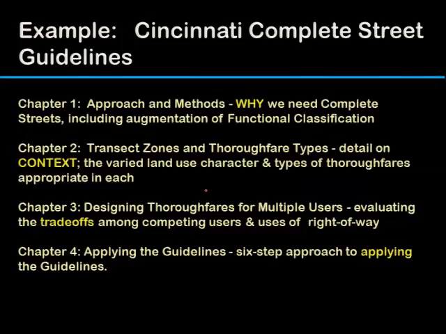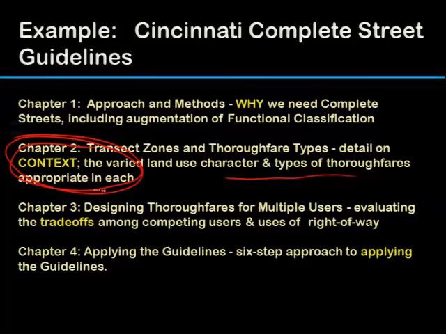We're working in Cincinnati doing a complete street guideline for them, and there's the first chapter on why we're doing this and the second on the context. That's the key to what we're talking about today. The context of varied land use character and types and thoroughfares appropriate for each. So we're beginning to instill in every report we can do for a city or a county or a state these kinds of concepts of proper context.